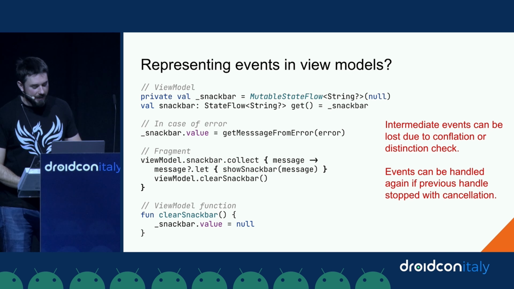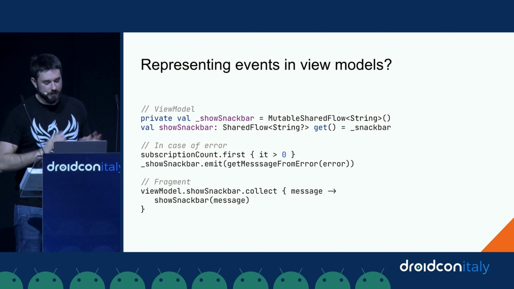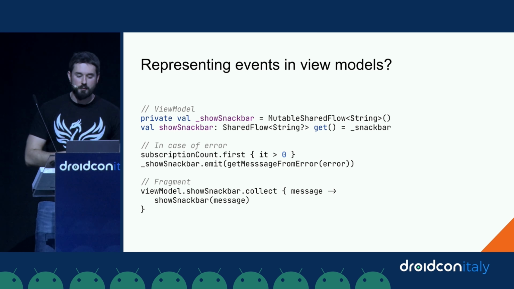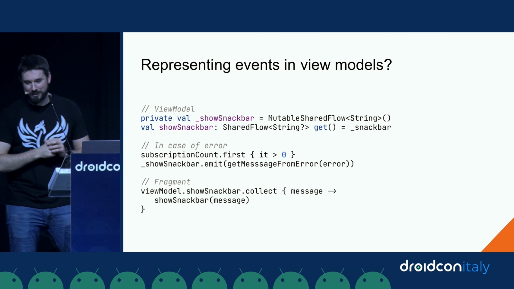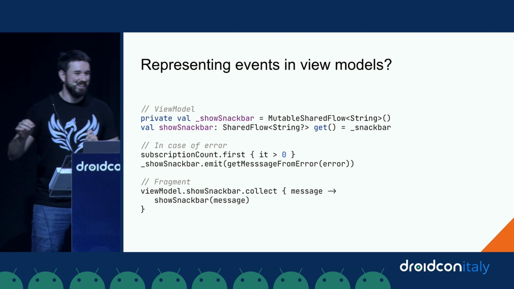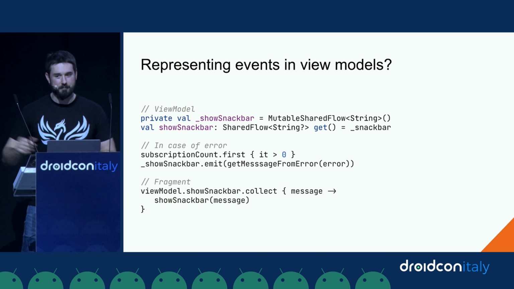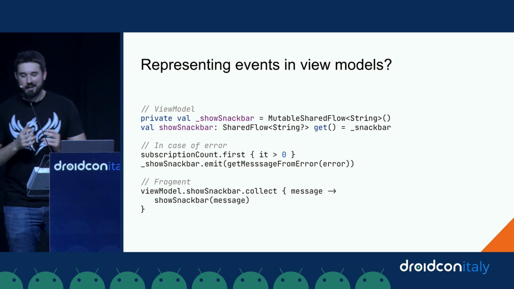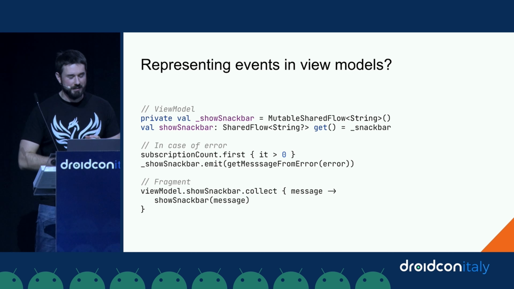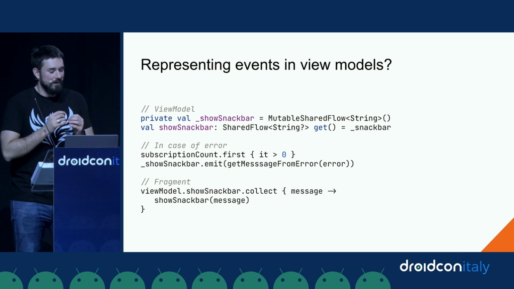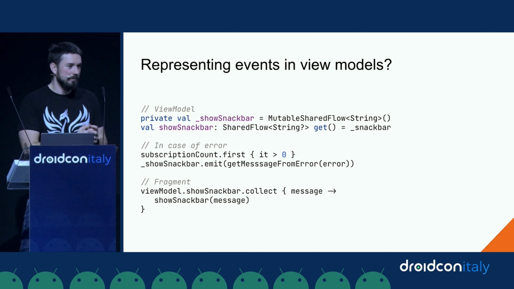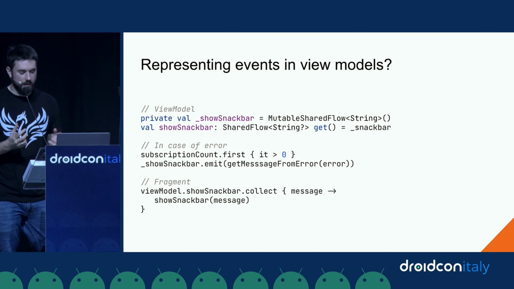Another pattern is using SharedFlow. A raw SharedFlow can be improved by first awaiting until subscription count is bigger than 0. That's a nice trick I found in some projects. This block is essentially awaiting until there is at least one subscriber, and this is actually a very cool approach.